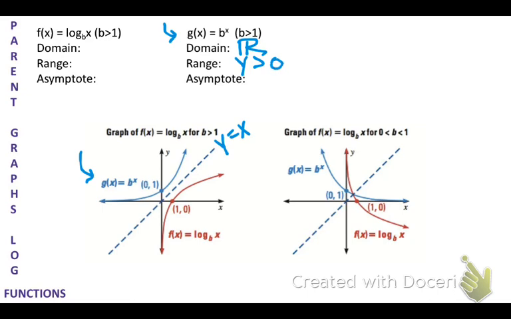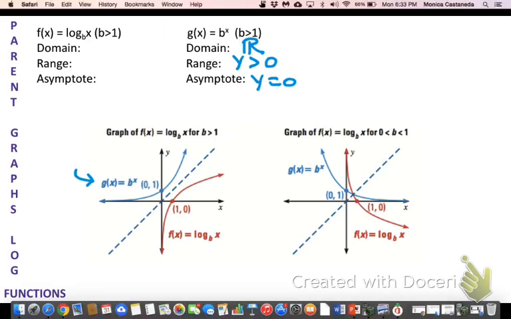And our asymptote is y equals 0. Now if we look at the reflection, we're going to see that the domain is x is greater than 0. You can see that right here. The range is going to be all real numbers, and the asymptote is going to be x equals 0. So everything kind of switches places.